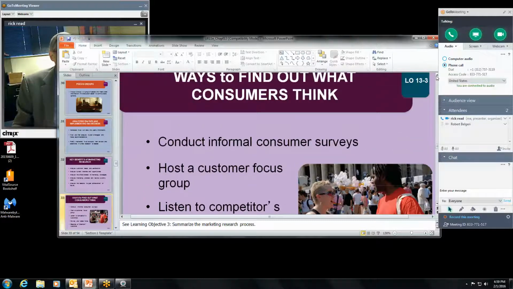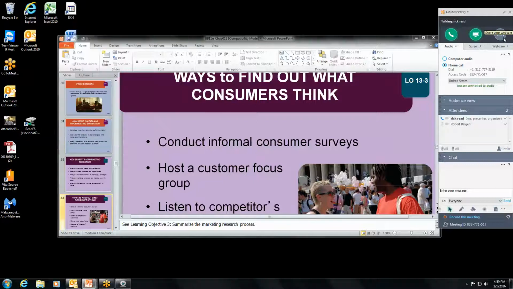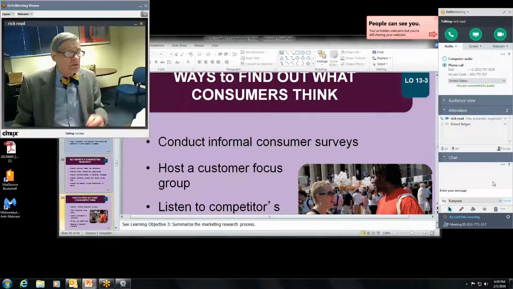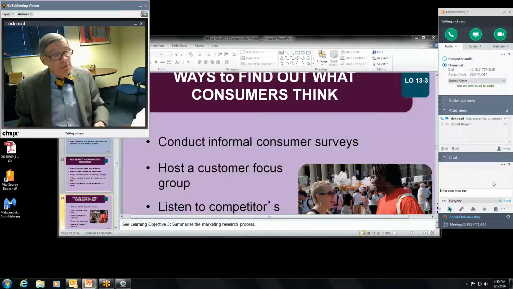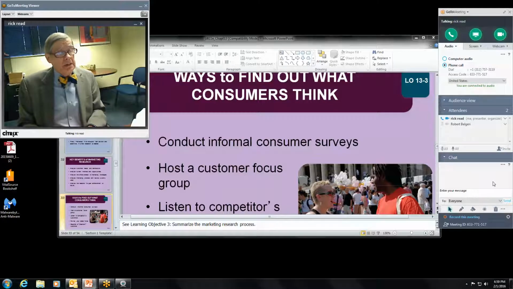Now this talks about ways to find out what consumers want, and we can do that in a number of ways. Your surveys. Sometimes you walk into a department store, more often you walk into something like a supermarket, and somebody will be there asking questions. And of course, you can find those in any other areas as well.